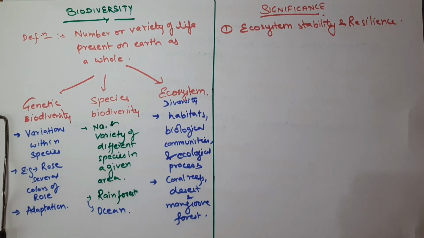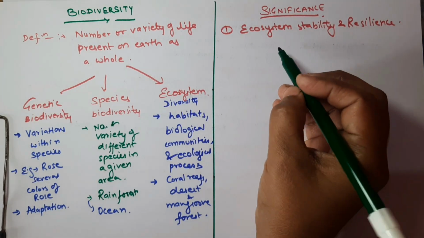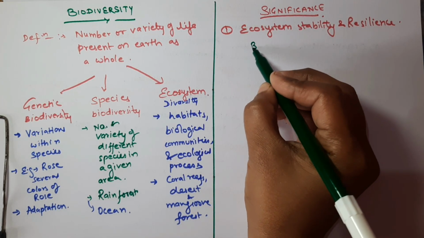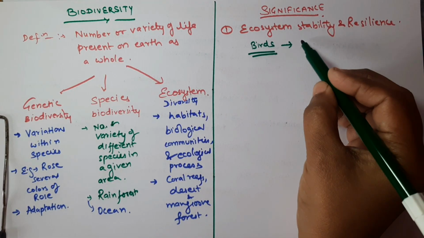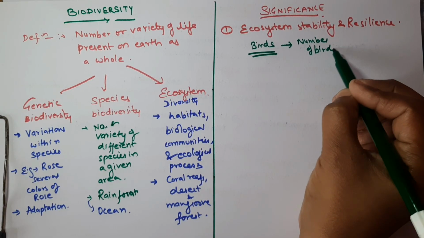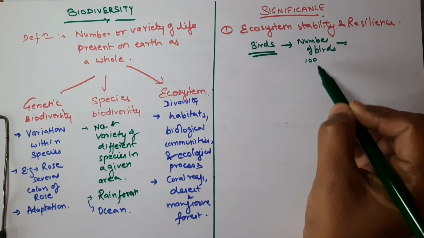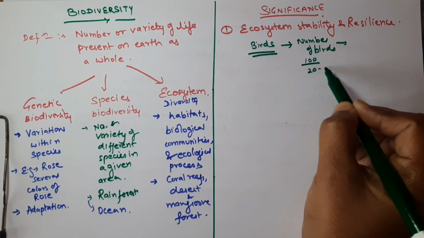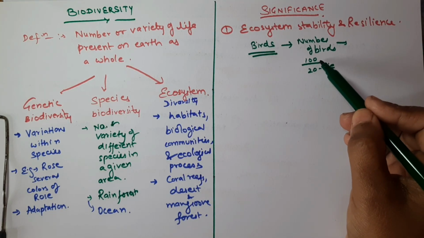For example, if one species is affected by a disease or environmental change, suppose we take the example of birds. If in a particular habitat there are 100 birds, and among them 20 die due to some disease, or maybe they were of the same age and have aged, then 80 will be left.